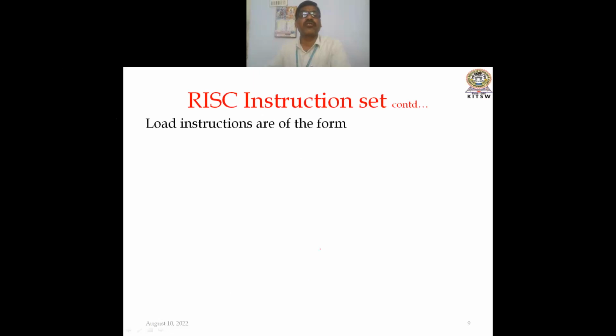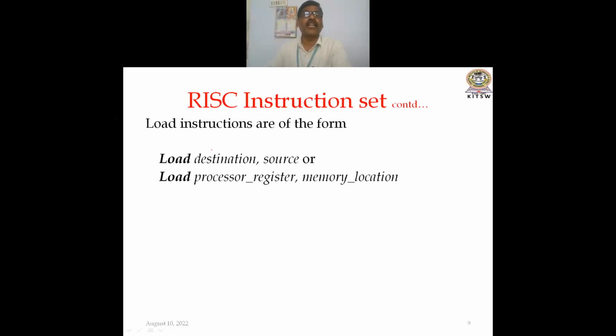Generally in a RISC instruction set, we make use of the load instruction and the store instruction. The load instruction has the following syntax: load destination comma source, or load processor register comma memory location. Either of these syntaxes we can follow for the load instruction.